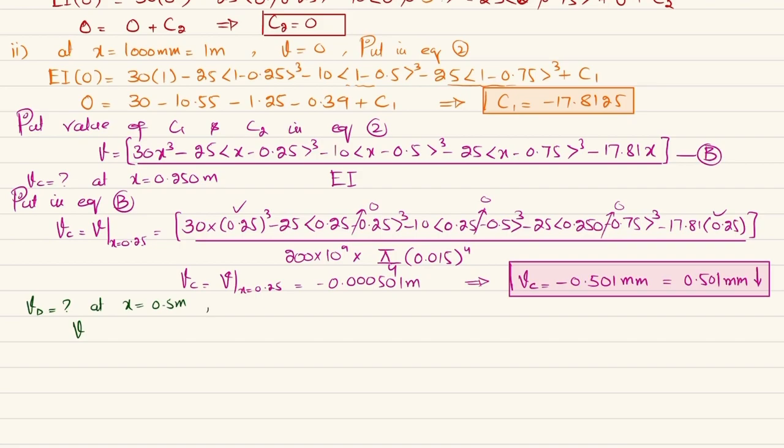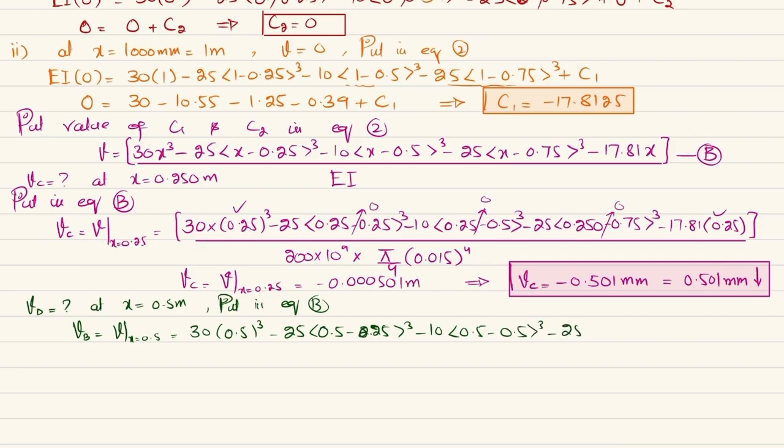Put it in equation number B. So you will get V at X is 0.5 equal to, you can just put the value: 30 into 0.5 whole cube minus 25 into 0.5 minus 0.25 whole cube minus 10 into 0.5 minus 0.5 whole cube and minus 25 into 0.5 minus 0.75 whole cube minus 17.81 into 0.5, divided by E into I.